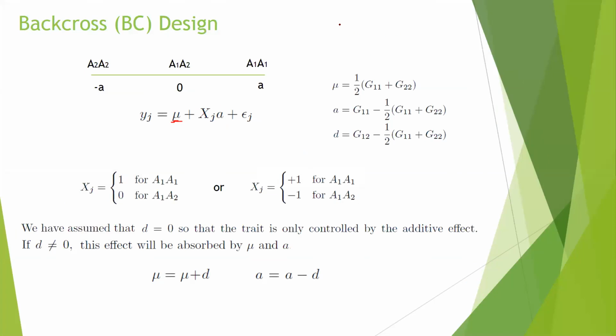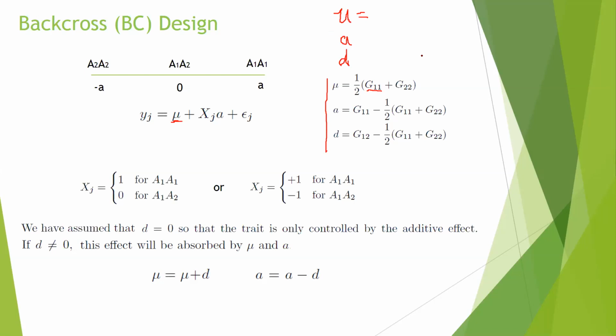All right. So if you recall the material we learned in chapter 5, we have something called the midpoint, and the additive effect and the dominant effect, right? So this G11 represents the expected phenotypic value for the first genotype.